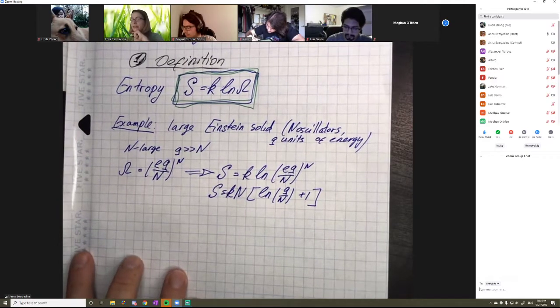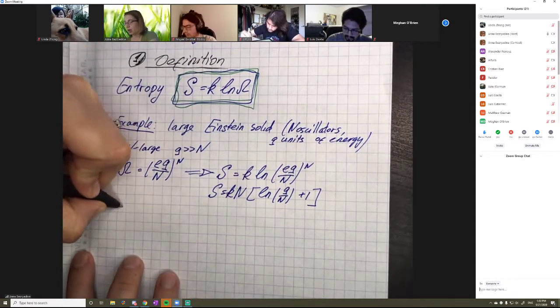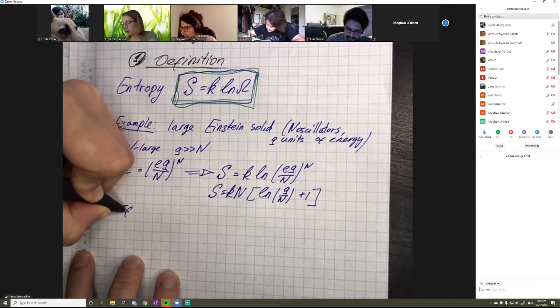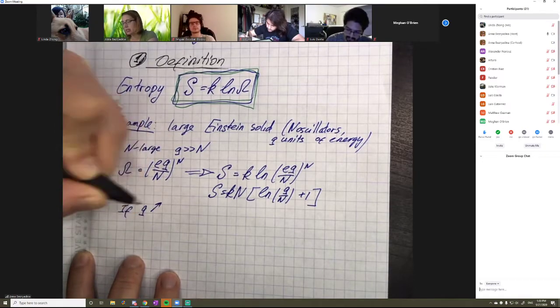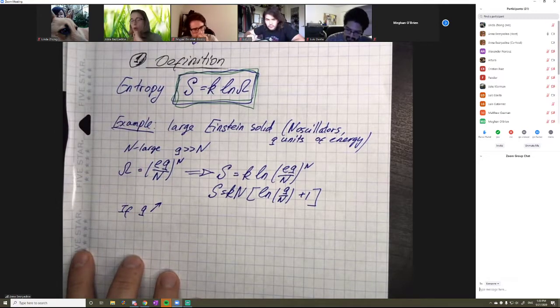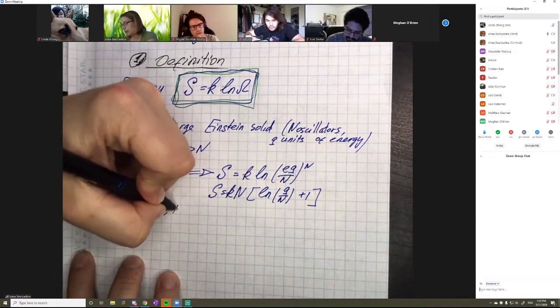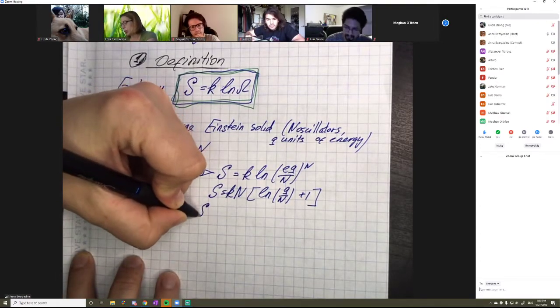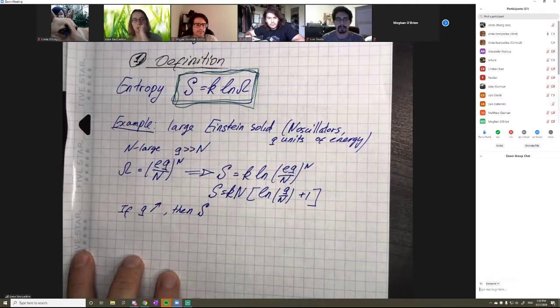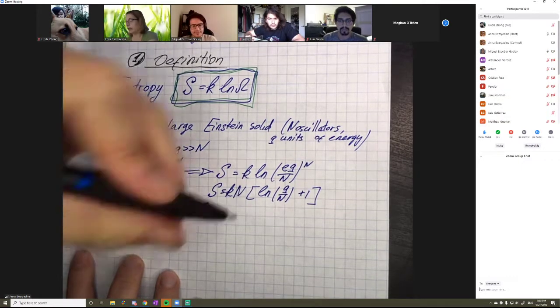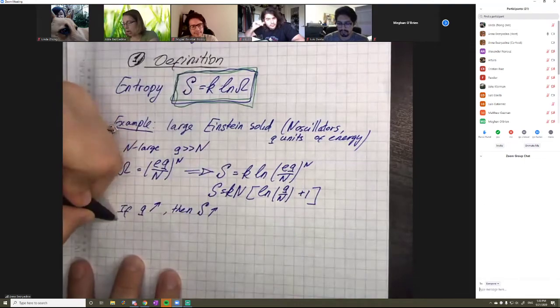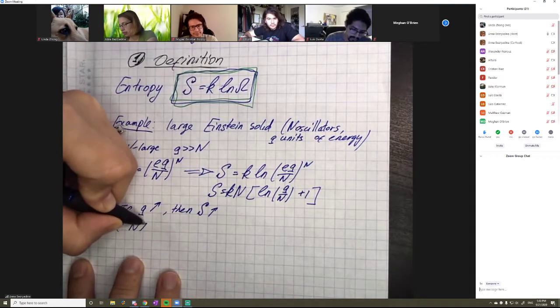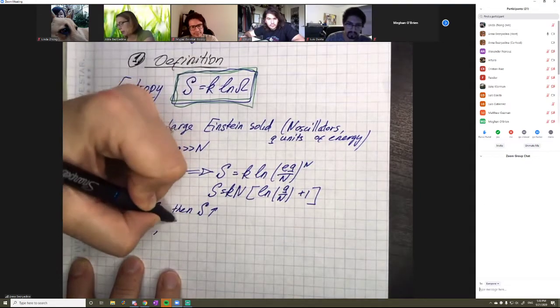So what we can see in this case: if Q increases, if we add more energy, what happens with entropy? Will it increase or decrease? Increase. If N increases, what happens with entropy?